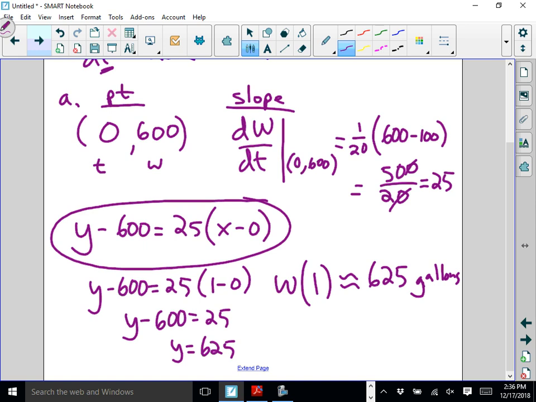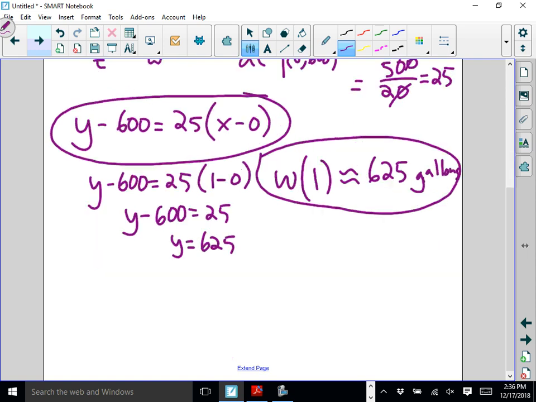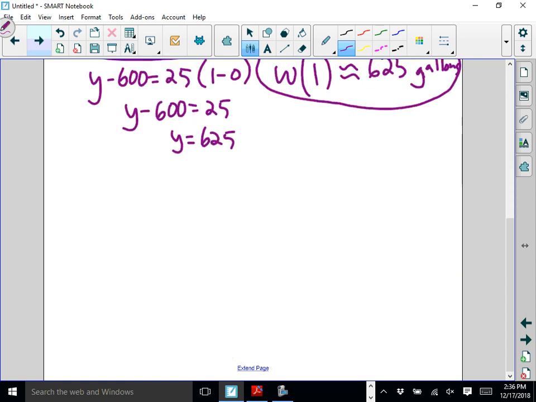The next part is a little bit more complicated, and if you have an issue, it's probably going to be here. It says find the second derivative of w with respect to t and use it to explain whether your estimation in part A is an overestimate or underestimate. Okay, so this is just like question 4. We need to determine the concavity of w in order to answer whether our guess is too high or too low.